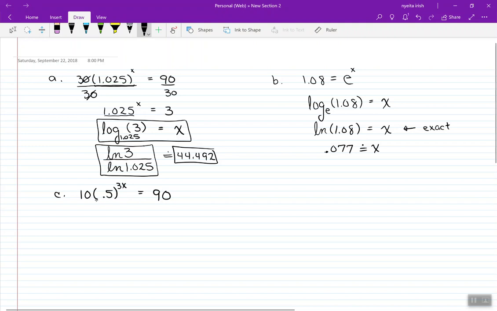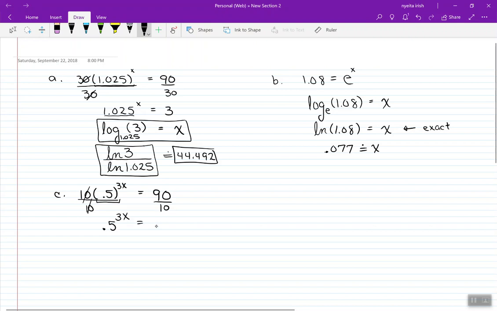Before I do that, though, I need to get the exponent by itself. So the 10, we've got to figure out a way for it to move. It's hooked to the exponential by multiplication, so to unhook it, we're going to divide it off. 10 divided by 10 is 1, so it just cancels out to 1.